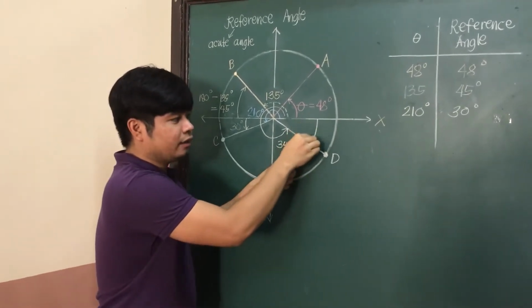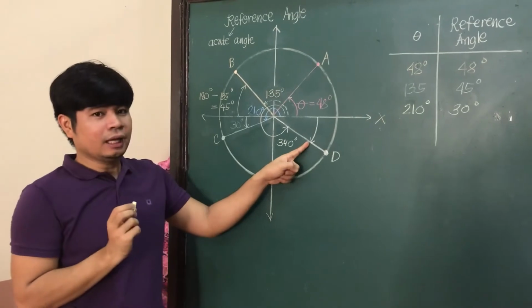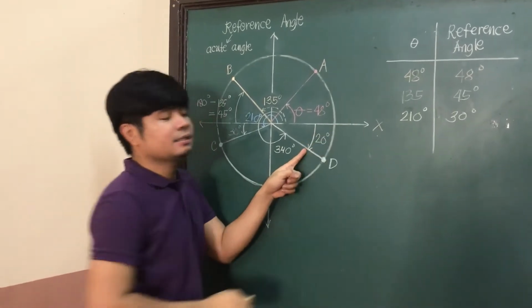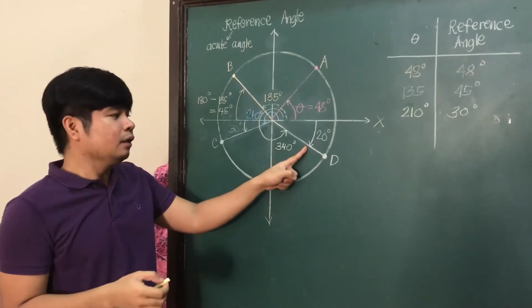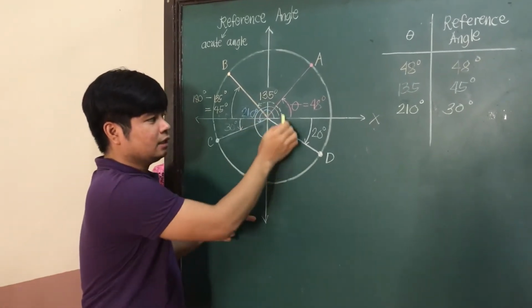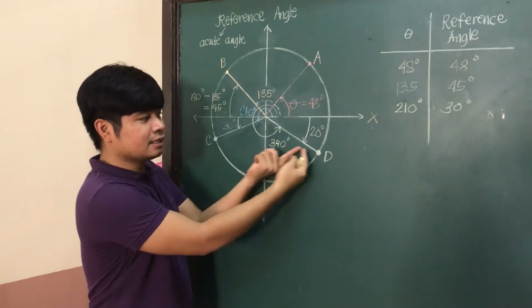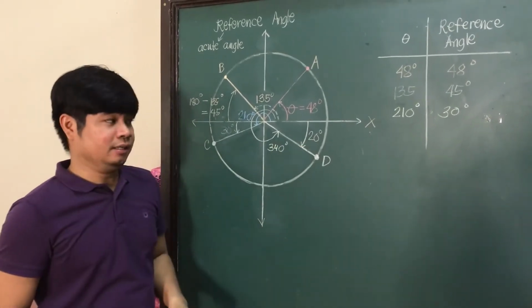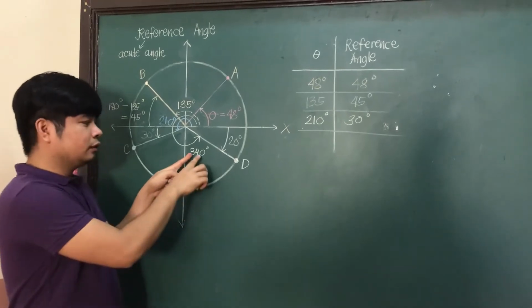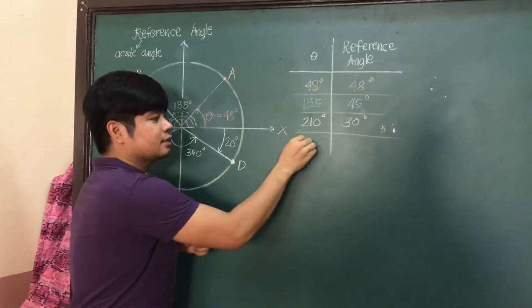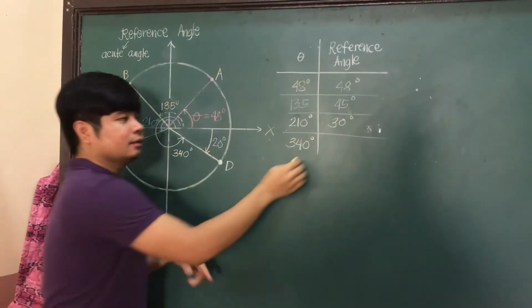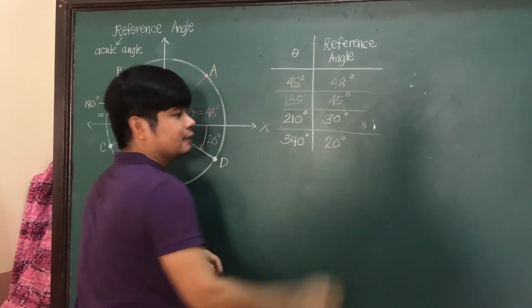So meaning to say there is a degree measure here that is 20 degrees. How did it happen? Because you are trying to complete 360 degrees, so 340 degrees needs 20 degrees to form 360 degrees. So for a 340 degree angle measurement, its reference angle is 20 degrees.